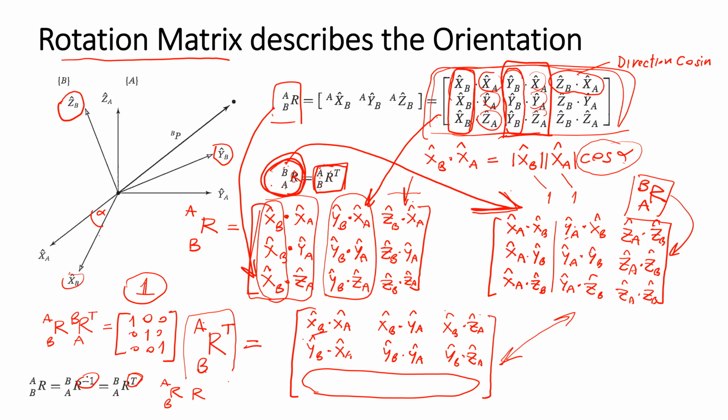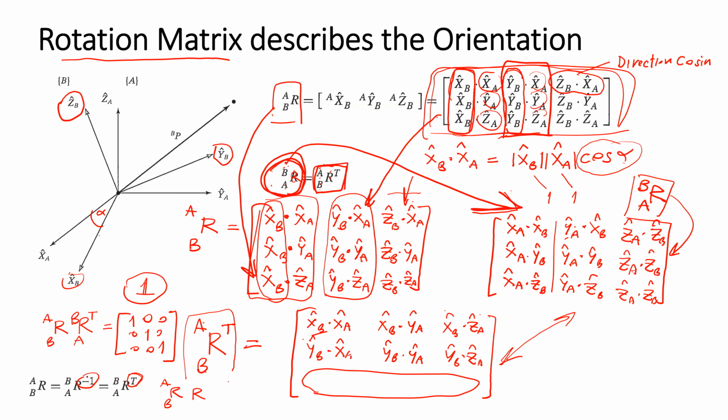So many times we need to obtain the inverse of a matrix, but the rotation matrix is a special case where the inverse is equal to the transpose, so we don't need to spend much effort trying to obtain the complicated inverse of the rotation matrix. We just do the transpose and we get the inverse.